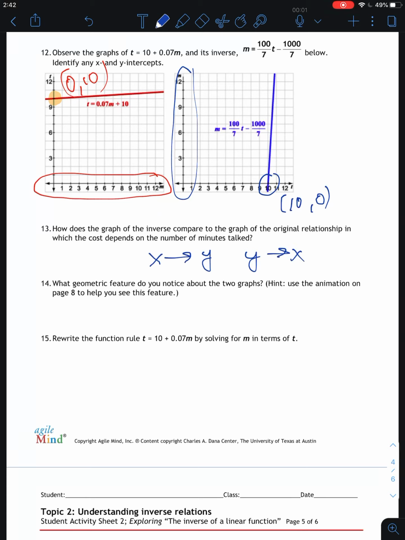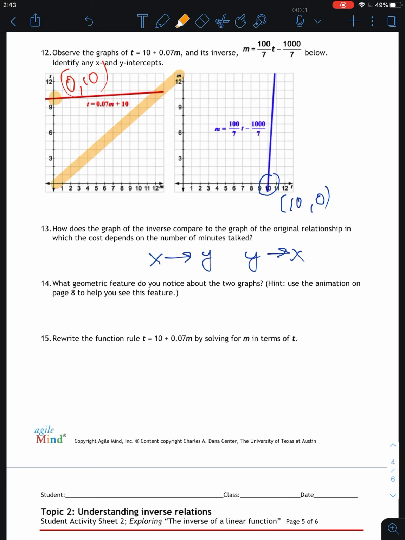What geometric feature do you notice about those two graphs? Use the animation on page 8, it says, to help you see this feature. Well, if you notice, the line is symmetric about the y equals x line equation.